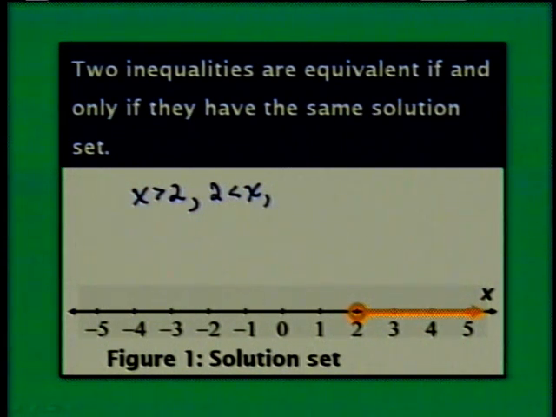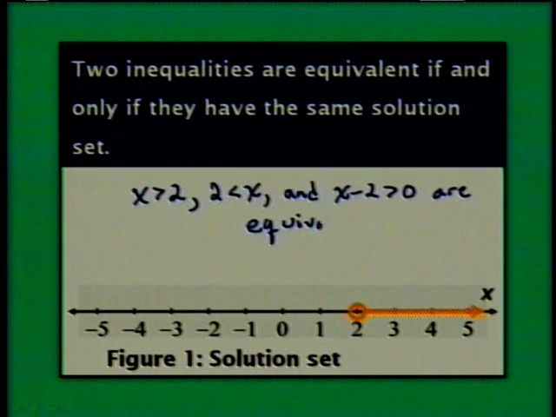So something that all of the numbers that are to the right of 2 have in common is that x minus 2 is always greater than 0. Since these three inequalities all have the same solution set, these three inequalities are all equivalent inequalities.